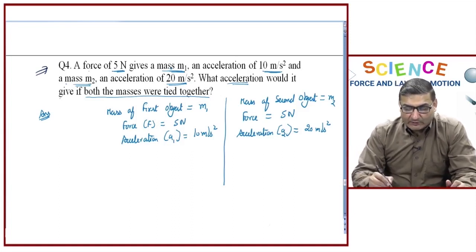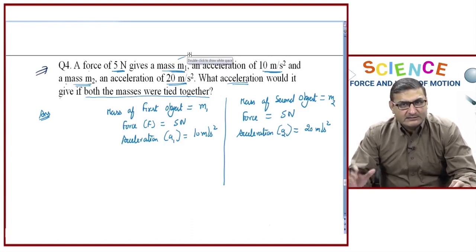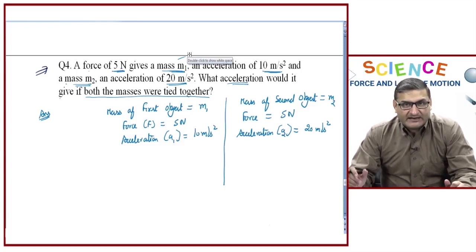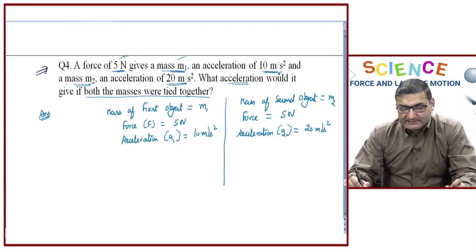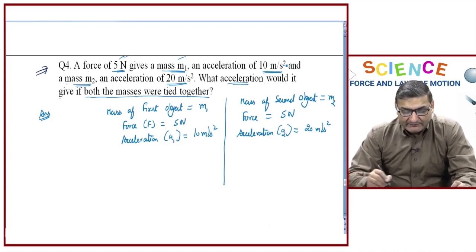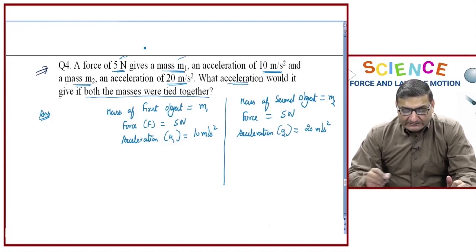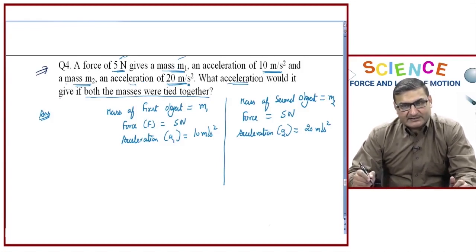Let us say an object of mass m1. Let us hypothetically, just to illustrate an example, say I take a pen, and then I apply a force of 5 Newton and throw that pen, and it accelerates at 10 meter per second square. Now, if I apply the same force of 5 Newton on a sharpener or an eraser, let us say, then the acceleration produced in that sharpener or eraser, which is my second object hypothetically, is 20 meter per second square.